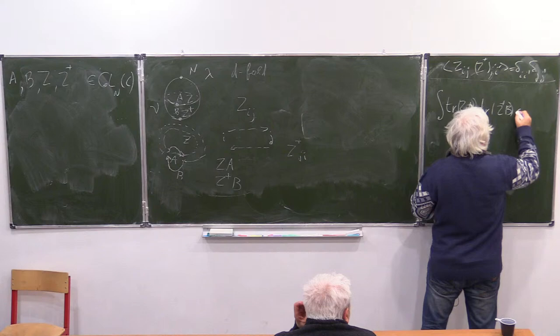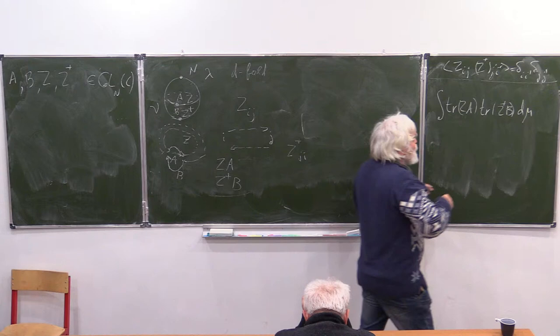Mu is this product of all matrix elements. One can calculate it and get the answer that it is trace AB. Just calculate and obtain.